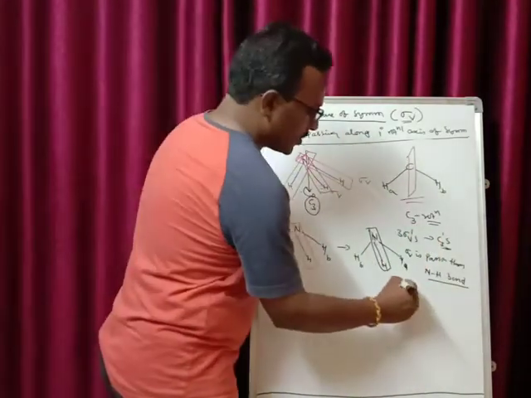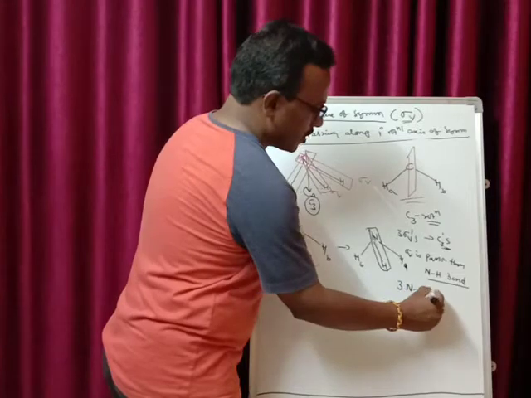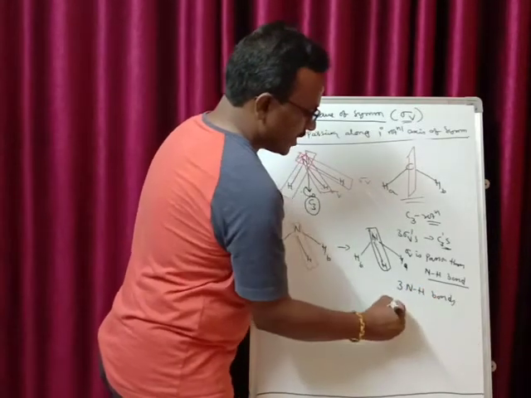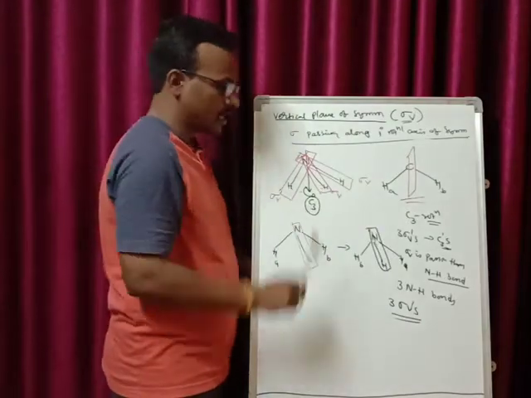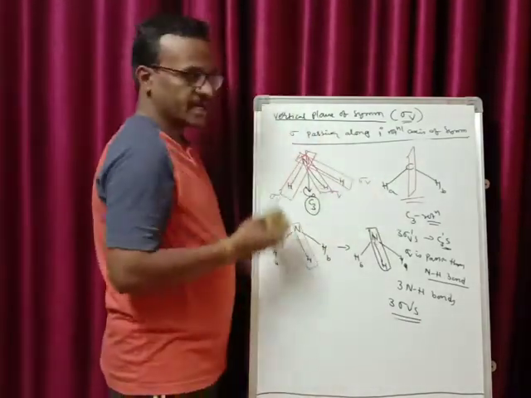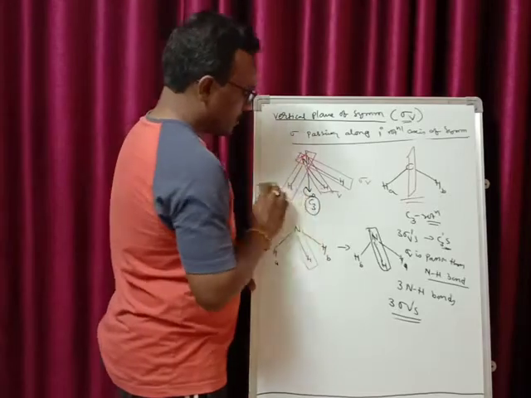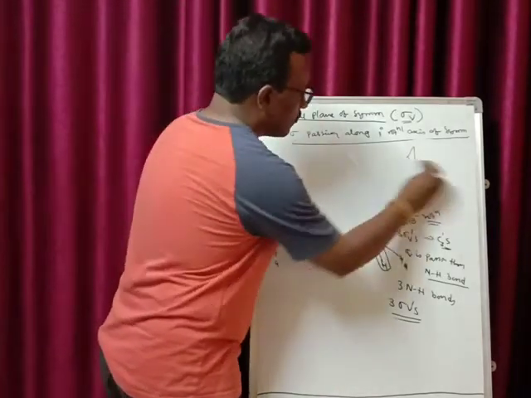In case of ammonia, you have 3 NH bonds. Therefore, it has 3 sigma V's. So, this is what regarding the vertical plane of symmetry in case of ammonia and the water molecule.